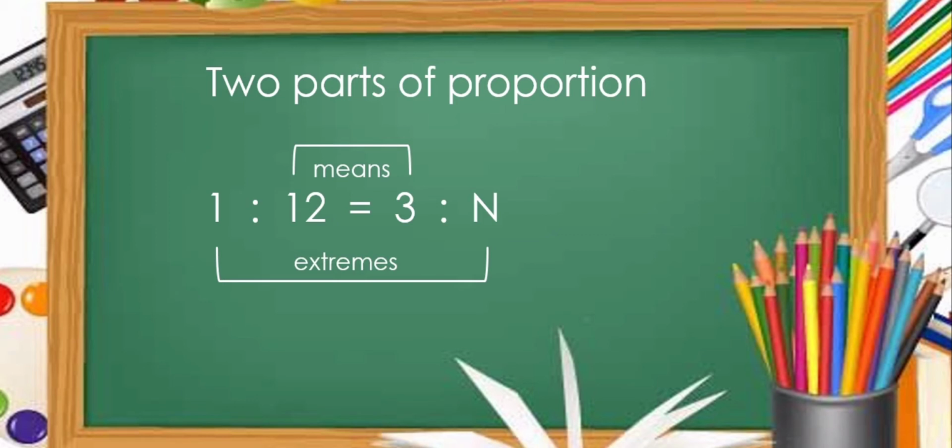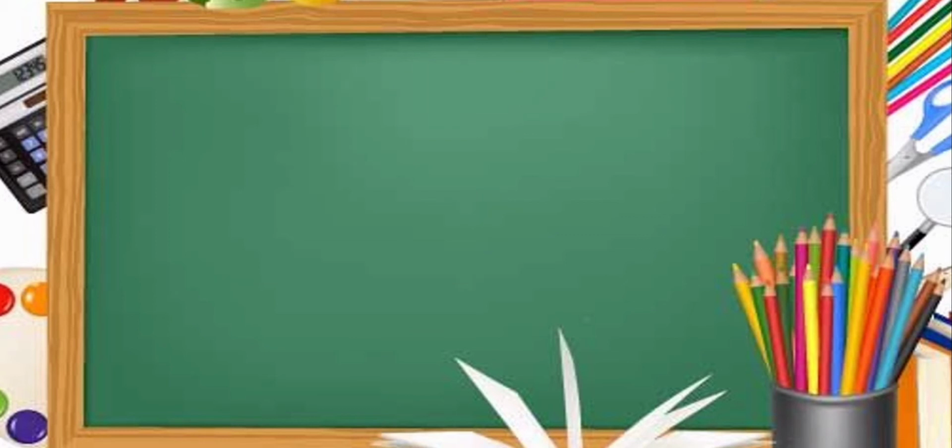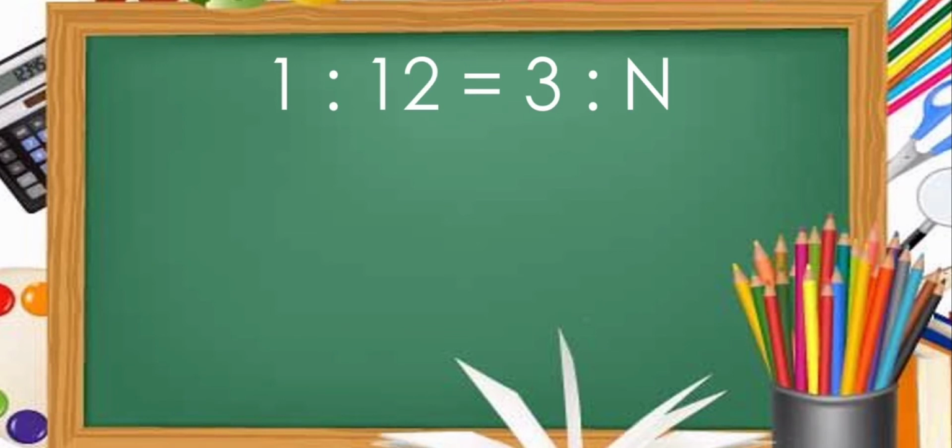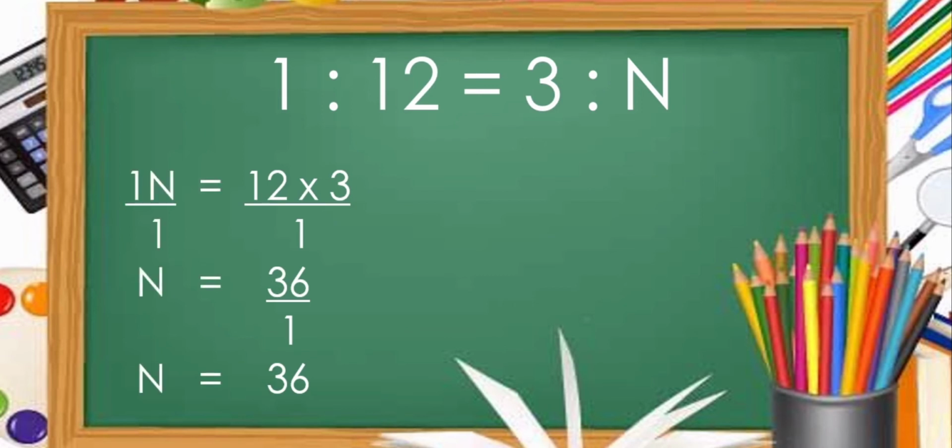The means are 12 and 3, while the extremes are 1 and n. To find the value of n, 1:12 is equal to 3:n. So 1n is equal to 12 times 3. We both divide it by 1. So 1 divided by 1 is equal to n.